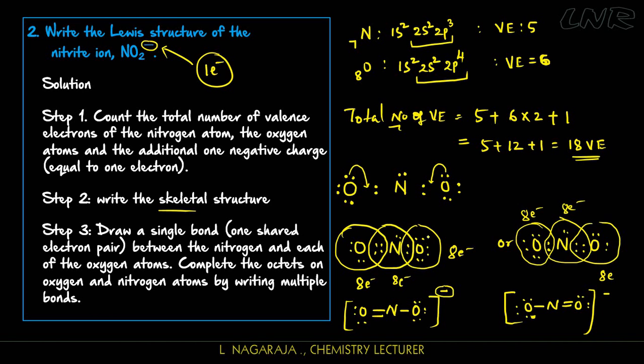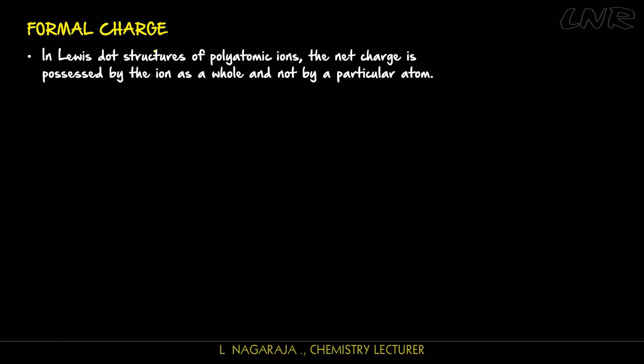So the net charge is possessed by the ion as a whole, not by a single or particular atom. That is, this negative charge is for the entire molecule and not for a particular atom. That is, in the Lewis dot structures of polyatomic ions, the net charge is possessed by an ion as a whole and not by a particular atom.